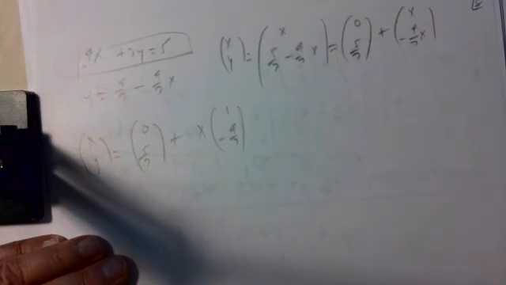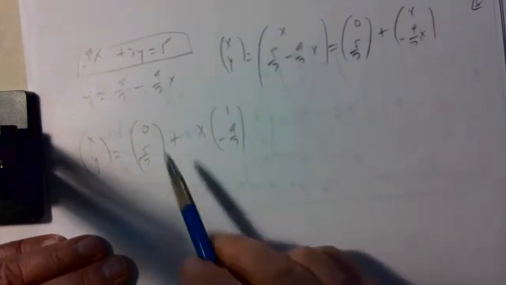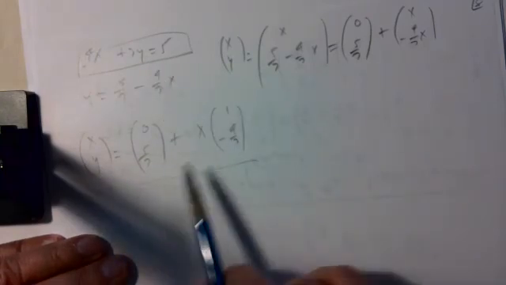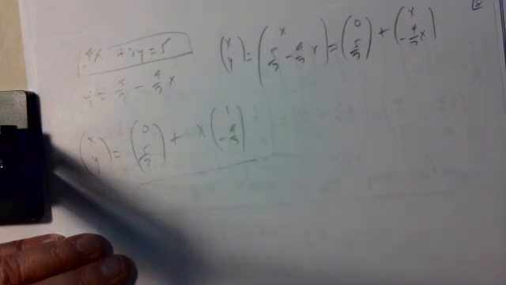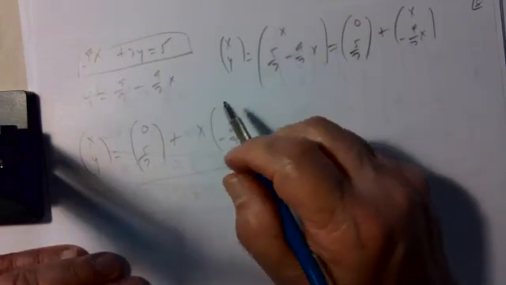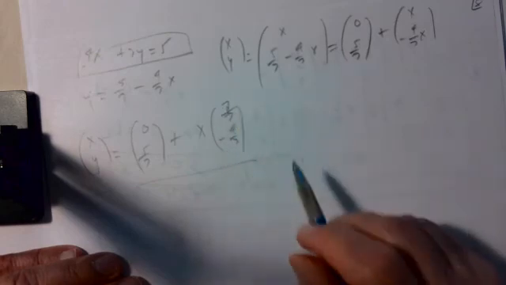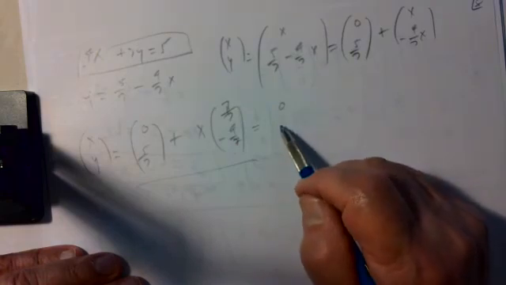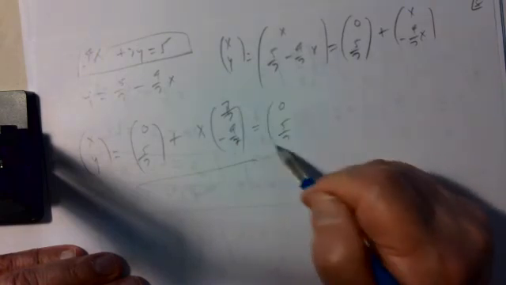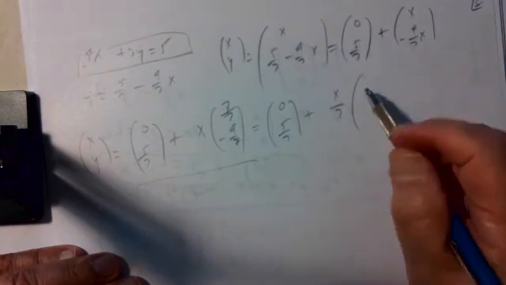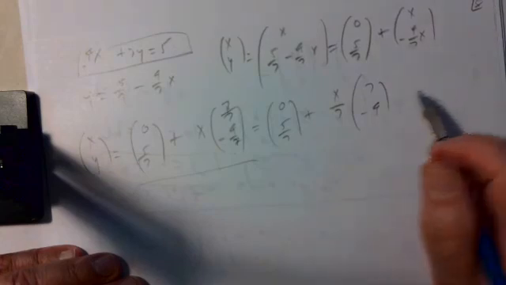So every solution of this equation is a vector of this form, and every vector of this form is a solution of this equation. If I don't like fractions, I could simplify this slightly. I could write this as follows, because 1 is the same as 7 over 7. If I factor out a 1 over 7, this would be 0, 5 over 7, plus x over 7, that number, times the vector 7, minus 4.